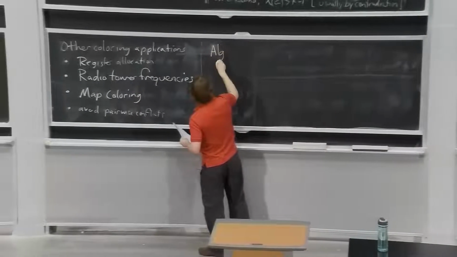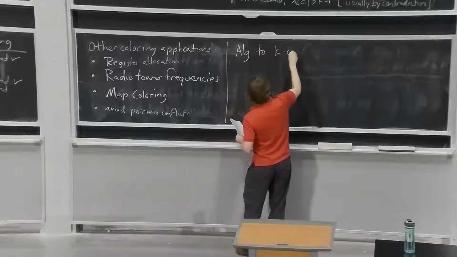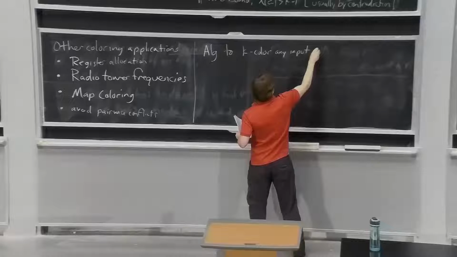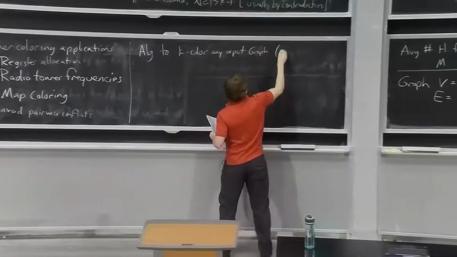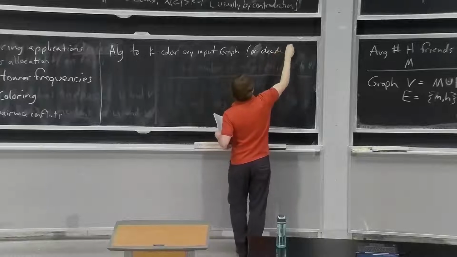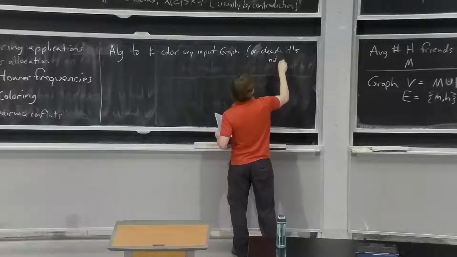So an algorithm to k-color any input graph, or decide it's not possible.